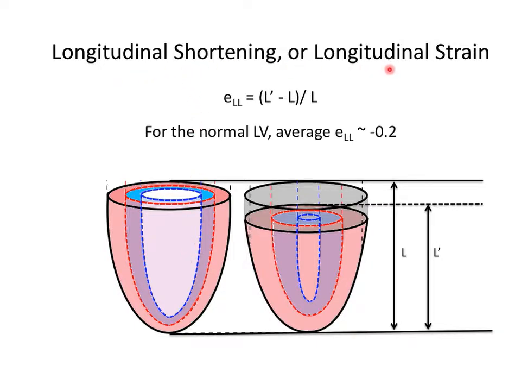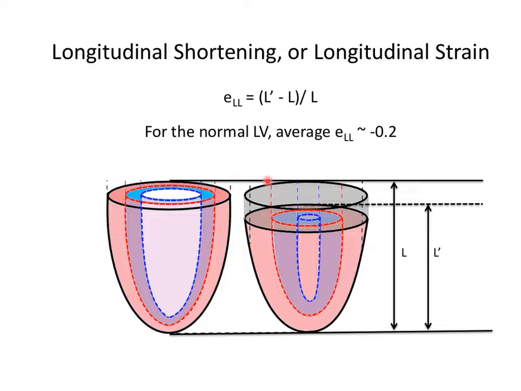Another parameter to determine whether or not a heart is normally contracting is the longitudinal strain, or longitudinal shortening. The base of the heart is where the valves are. So the mitral valve would be right above the opening to the left ventricle here. This is the apex. What happens during contraction is the base, or the valve plane of the heart, moves down towards the apex.